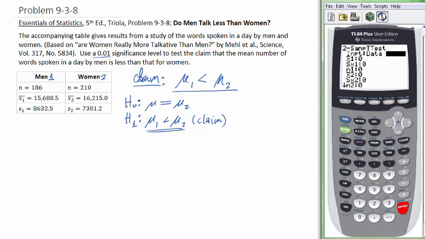We have statistics here. We don't have a list of data, so we just have plain statistics. We'll select Stats and go down and write them in. For the first one, we have 15,688.5 as our mean. The standard deviation is 8632.5, and then we have a sample size of 186.